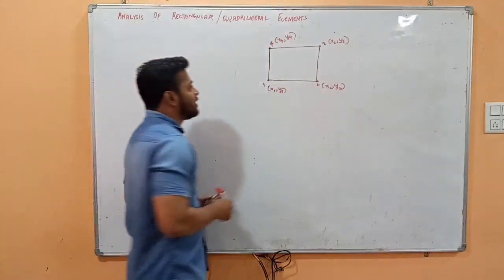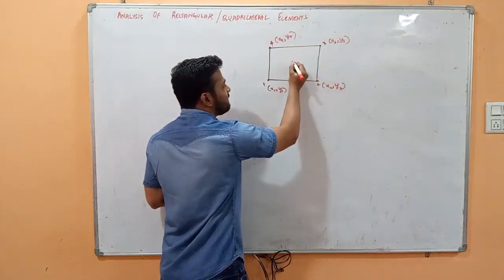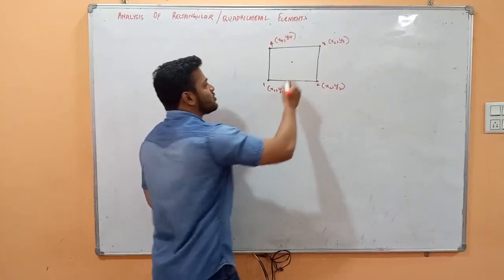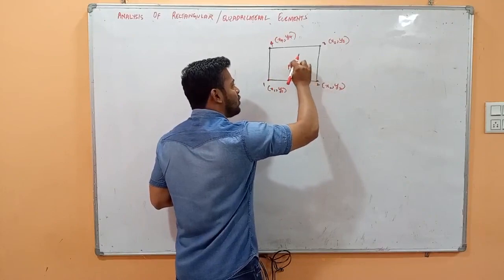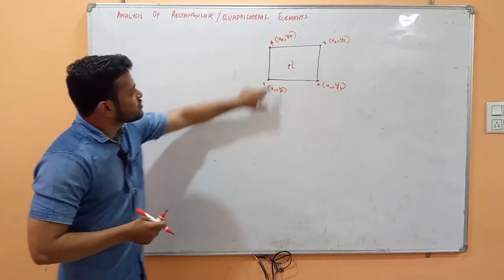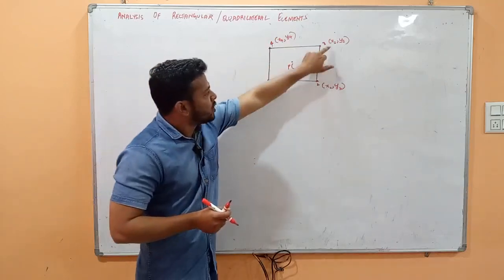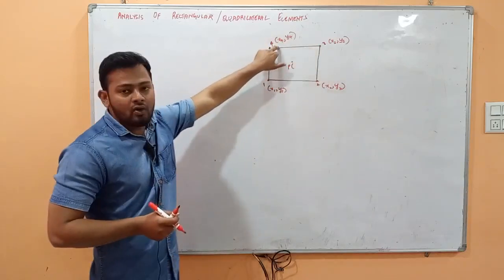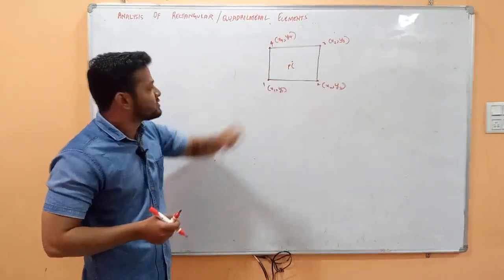I can also draw it by defining one point at the center and pulling this point. This point P can be anywhere, and it is called a local point because it is within the element, while these are called global points. These are global coordinates, and a coordinate within the element is called a local or natural coordinate.